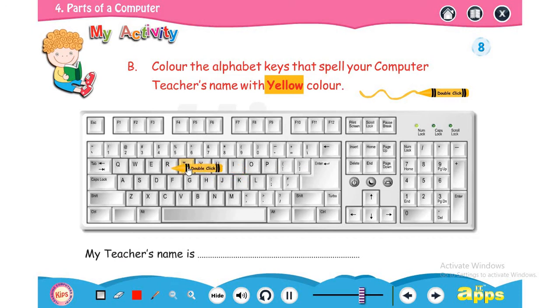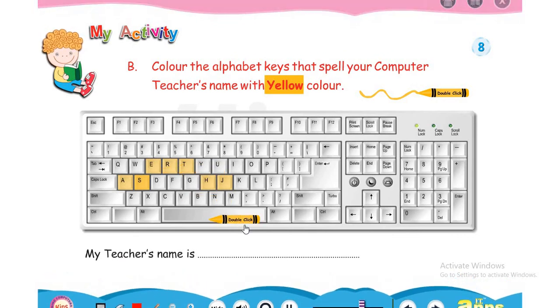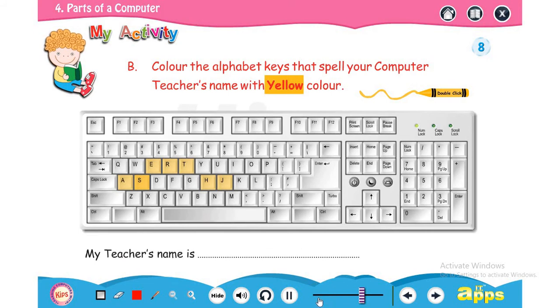So T, E, J, A, S, H, R and I are already colored. Okay, you have to do this activity in your textbook on page number 25.